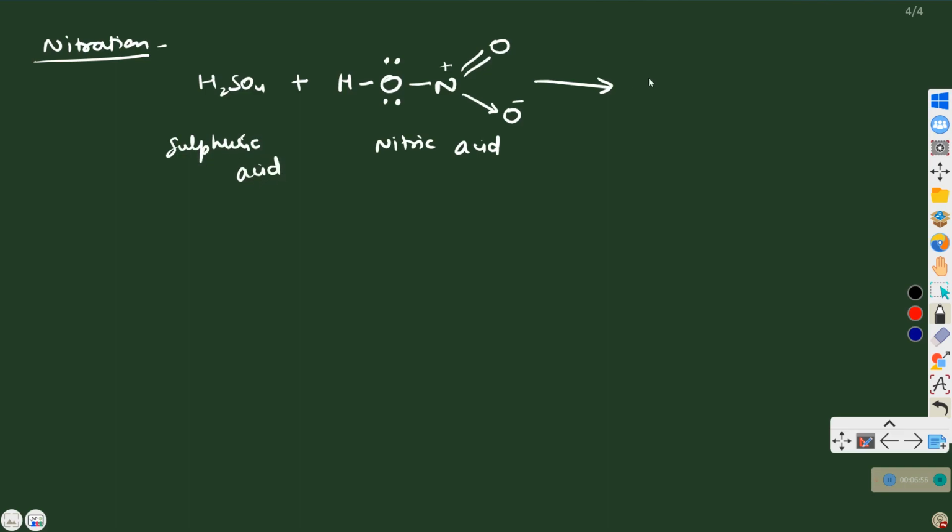After accepting the proton, it will turn into protonated nitric acid. Since oxygen dislikes the positive charge, it will easily remove one water molecule and one electrophile is generated. This is the first step.